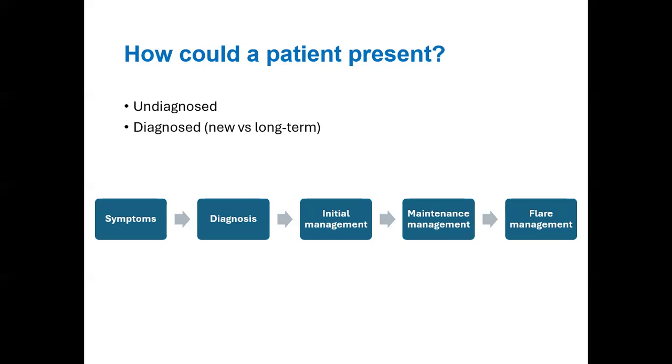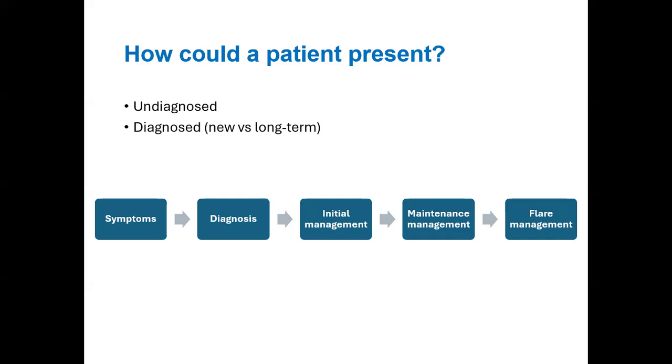But that symptom to diagnosis process can be very variable with regards to time and length. Once they've been diagnosed, whether it's ulcerative colitis, Crohn's disease, or possibly IBD unclassified, they will then get management. There's an initial management, and that's normally to treat the flaring symptoms.